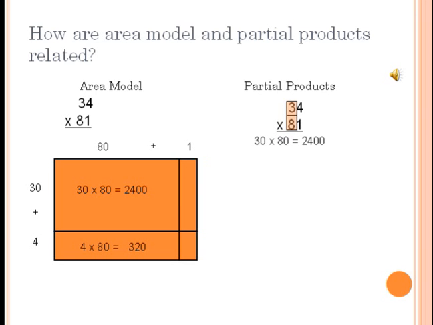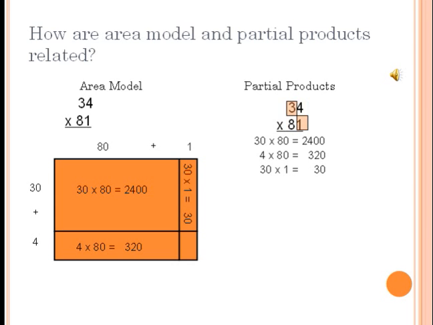Again, if we look at the partial products equation, we can see that 80 in the 81, and that 4, 80 times 4, is 320. Back to our area model, we have our 30 times 1, and in our partial products equation, that 30 in the 34 times that 1 is equal to 30.